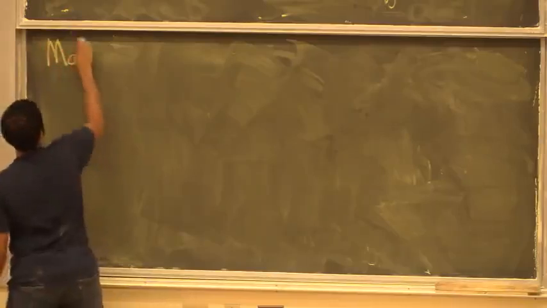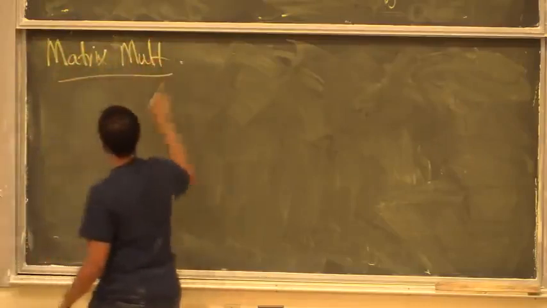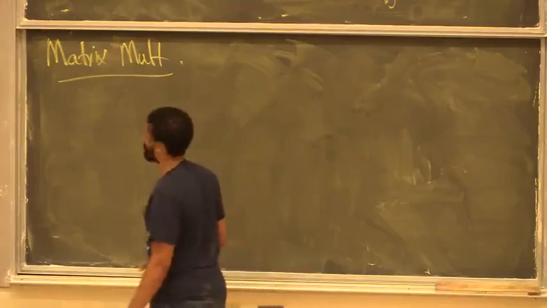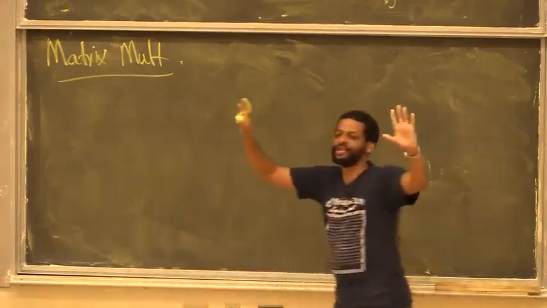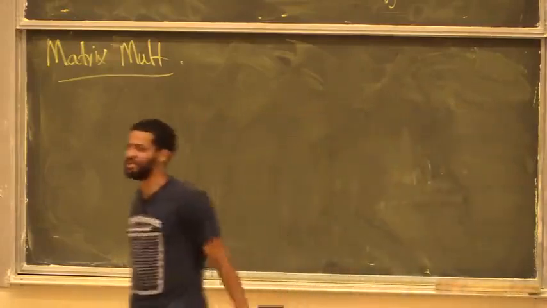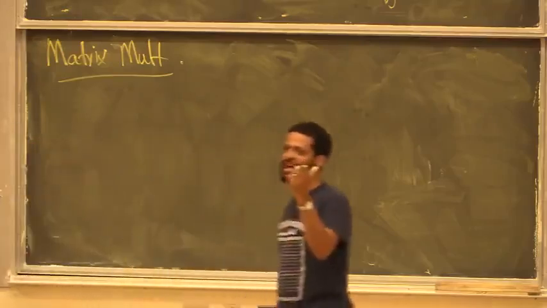Which is matrix multiplication. Right? So matrix multiplication, sorry, I ask you to be a little quieter than usual since I don't have a working mic, so the people in the back can hear. And I'll keep trying to yell. Can you still hear me in the back?